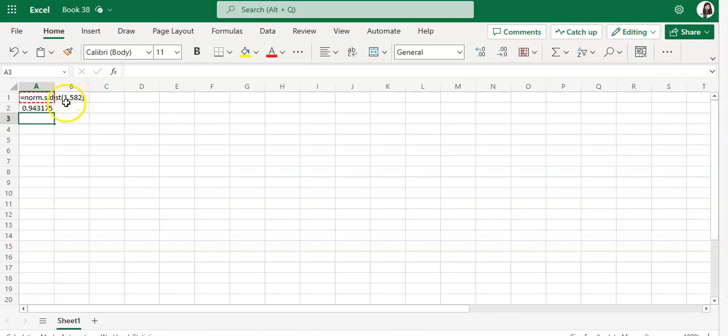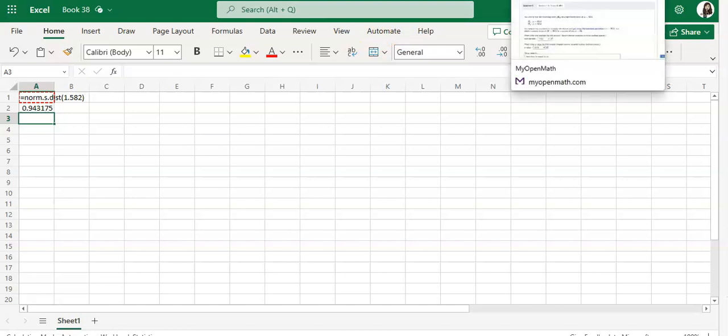Now, this is a positive test statistic, so it's giving all of the area to the left of that test statistic. Let me go back here and draw a picture. Let me write this down, that way I don't have to flip back and forth. Okay, 1.582 is somewhere over here on the right side of 0.